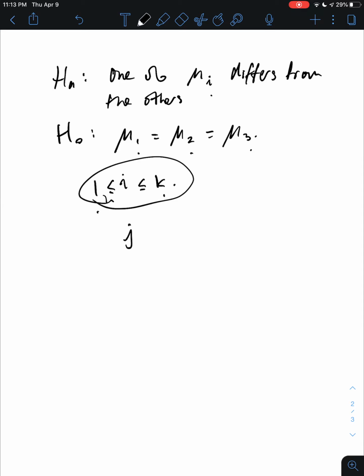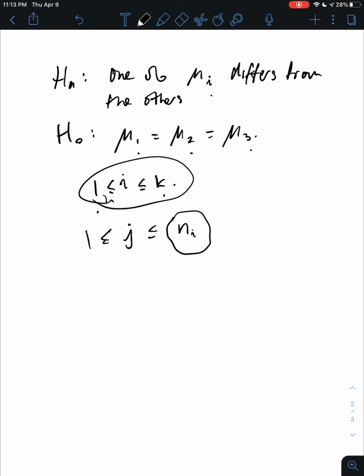individual within our sample. And that can vary from 1 to whatever the total number of our sample size is. So for each of these populations, we're going to take a sample, and the sample size may vary from one sample to the next, or from one treatment to the next.